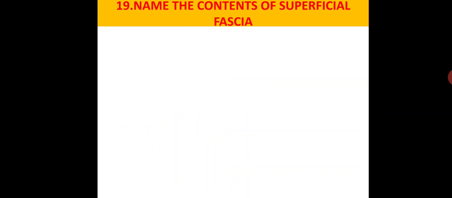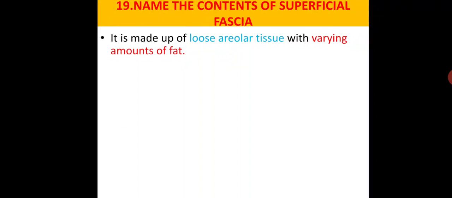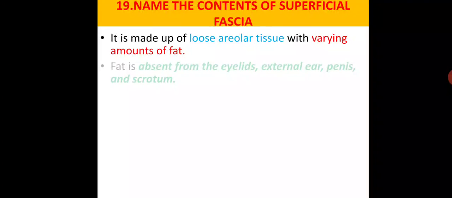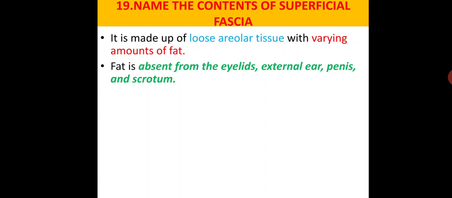So what are the contents of the superficial fascia? When we open the dissection, the skin, superficial fascia, and deep fascia are the three layers we can find. The superficial fascia lies beneath the skin. Usually it is made up of loose areolar tissue and a varying amount of fat.